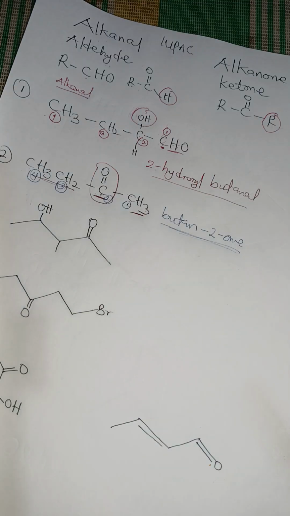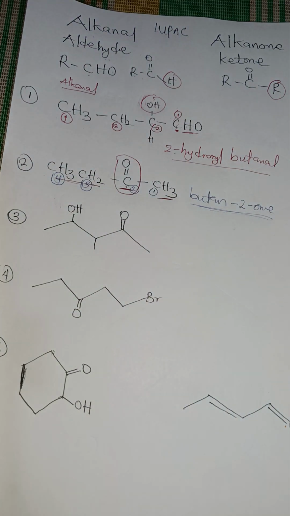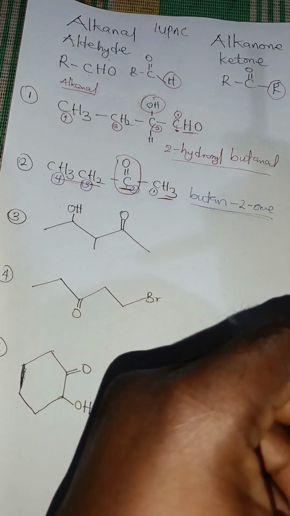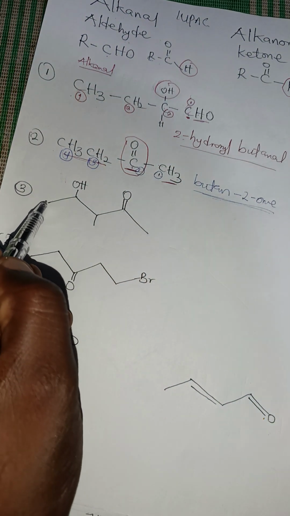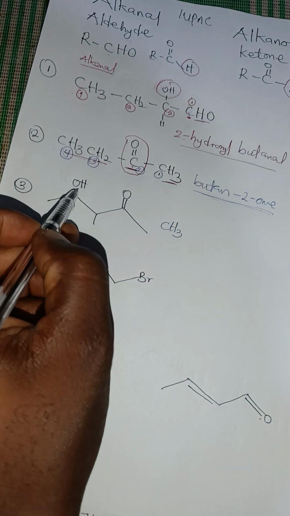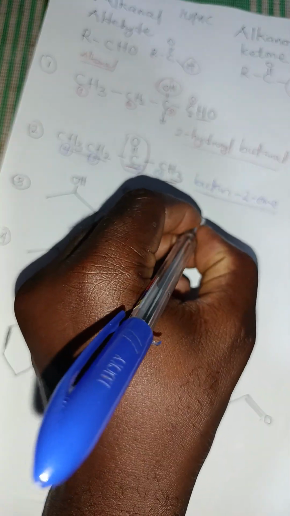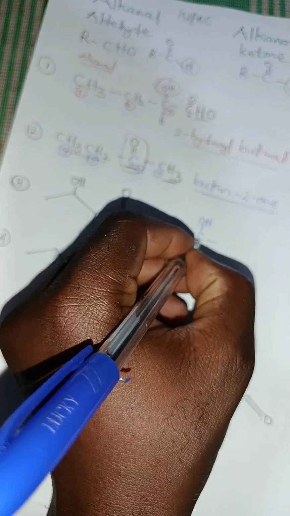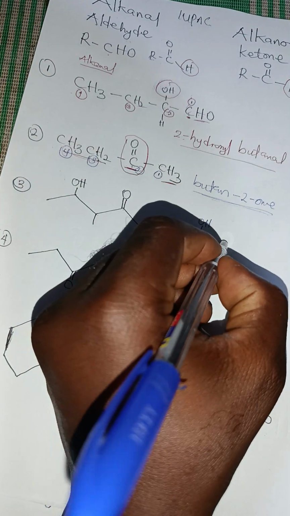Now let's move to the next one. For the next one, look at it. This is a line formula, and I've been teaching you how to deal with line formula. So let's rewrite this. You can see this end is CH3, so that will be CH3. Then a C that has OH, continuing to a C here.